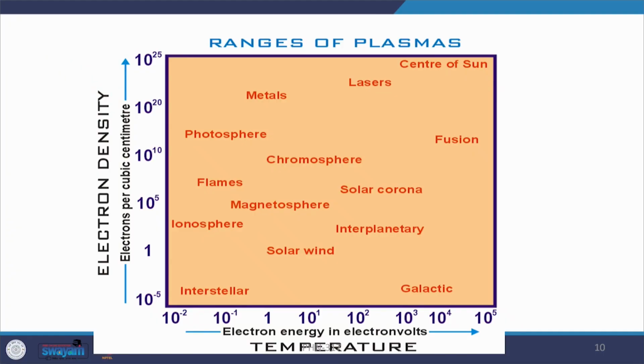So, this is a figure which shows ranges of plasma. On the y-axis you have electron density. The defining characteristic of plasma is the number of charge carriers.